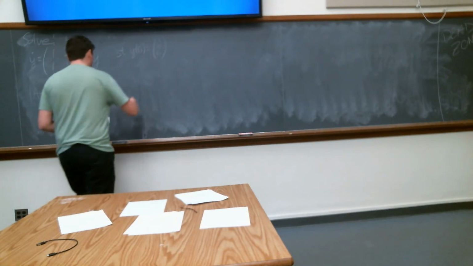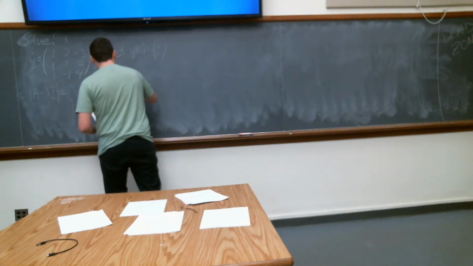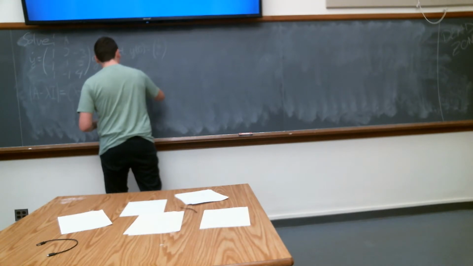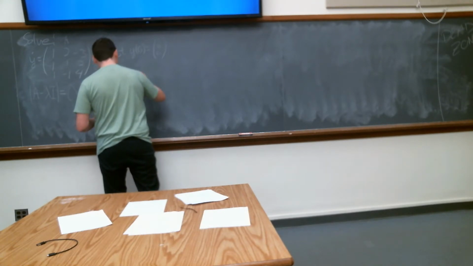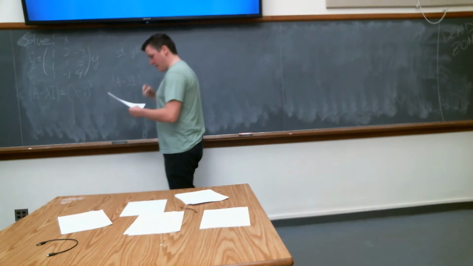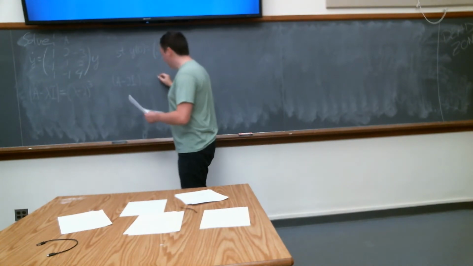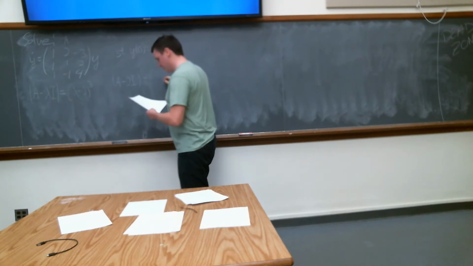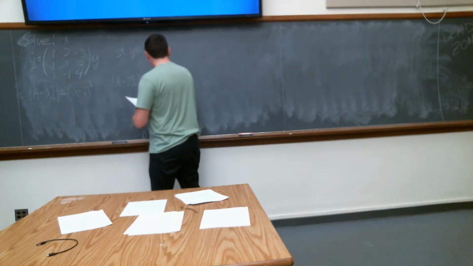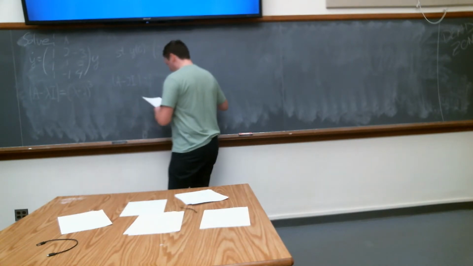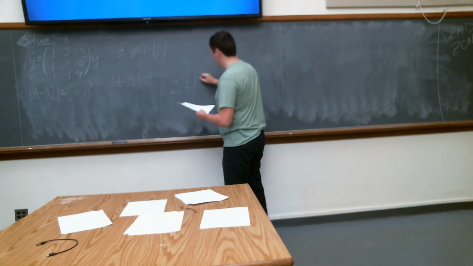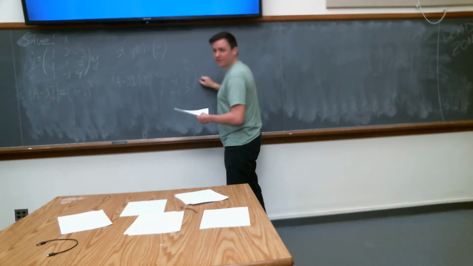So we can do A minus 2I, and that will give us an eigenvector. Well, actually, write out that matrix.